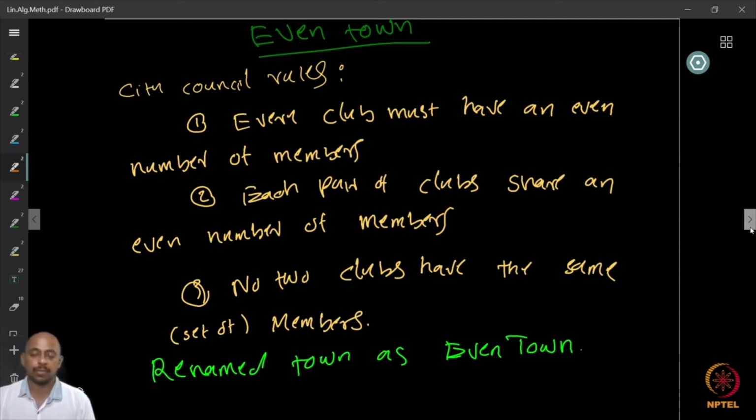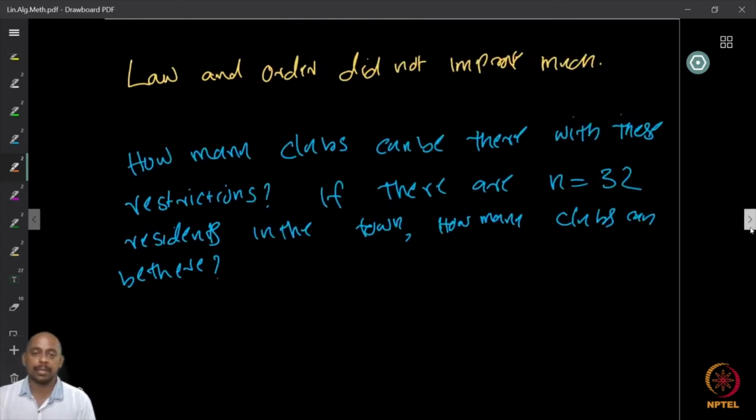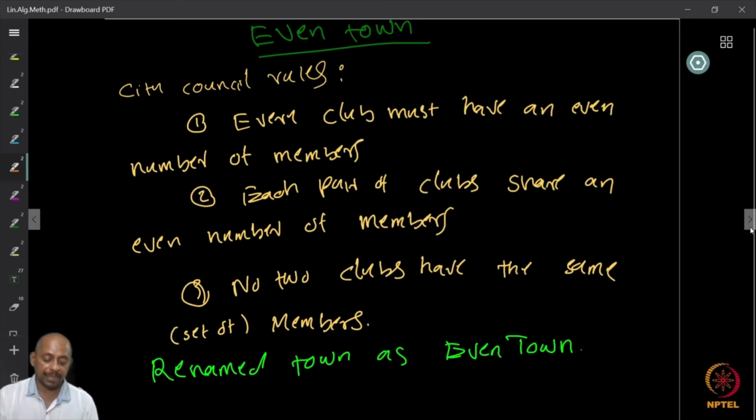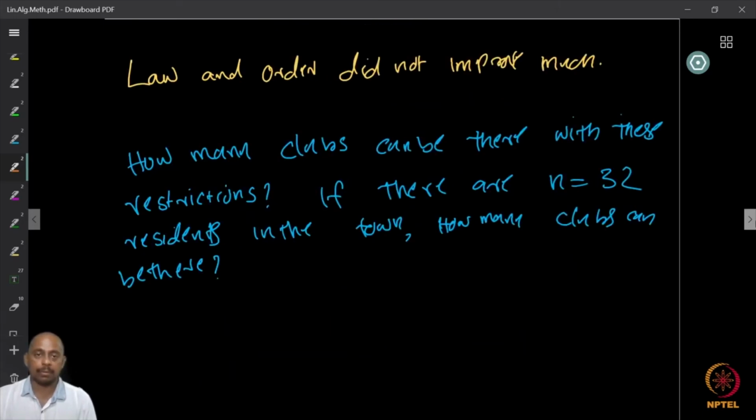It has of course reduced the maximum number of clubs that were there, but still the number was very large, and then they could not solve it. So the conclusion was that this did not help much, right?